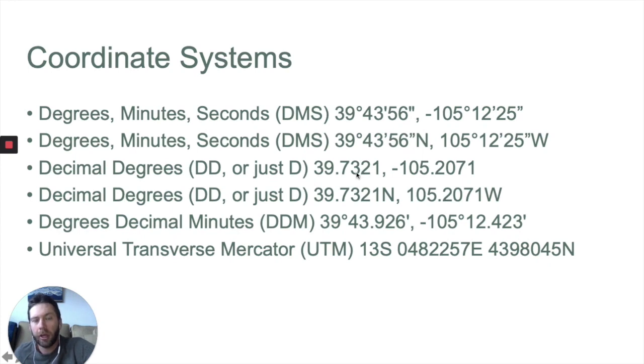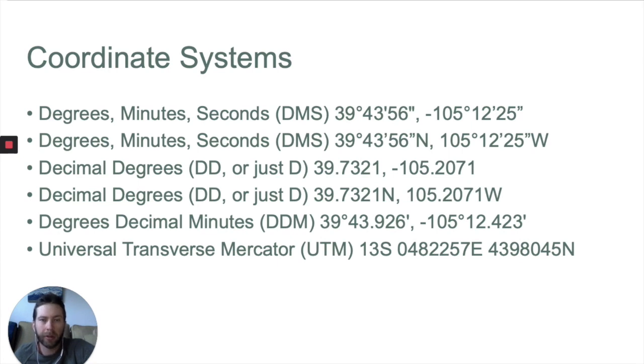So it gets really convoluted really fast. But what I want you to take away from this is that all of these coordinate system types that are broken into some type of degree are relative to your latitude and longitude. So where you are in relation to the equator and the prime meridian.